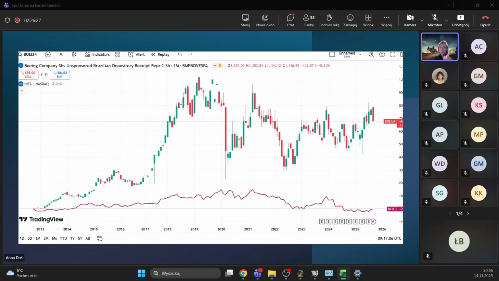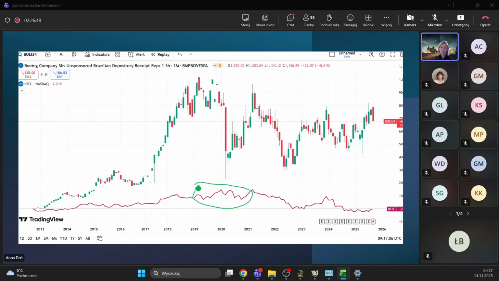I will show you also another chart. Take a look at this. This is the comparison between Boeing and Intel. As you can see, the Intel has very low volatility. And for short-term investment, for example, here, it is much better to try to invest in Intel.